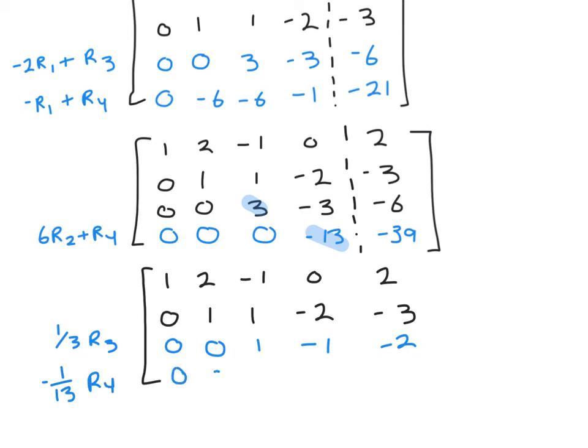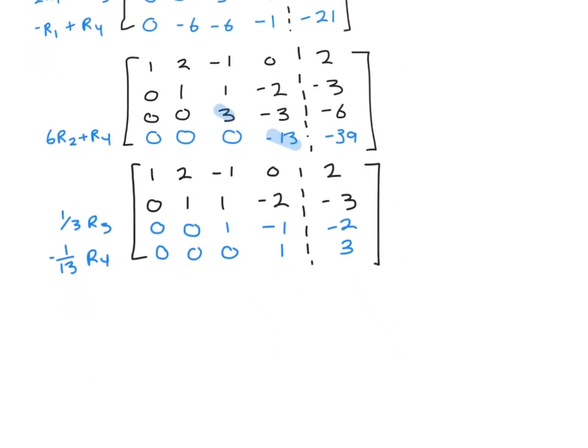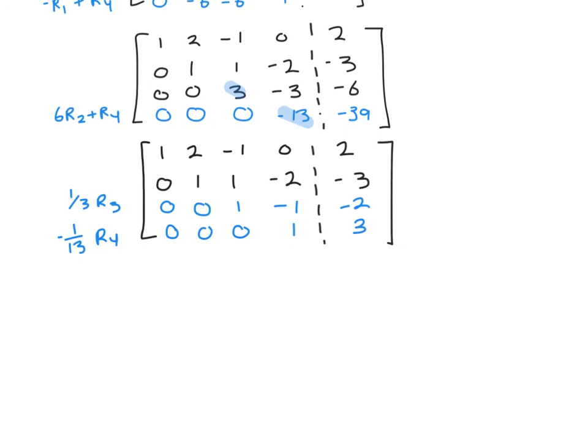So 0, 0, 0, 1, and then +3. Okay, so now I have my matrix in row echelon form, which means that now I can back substitute.